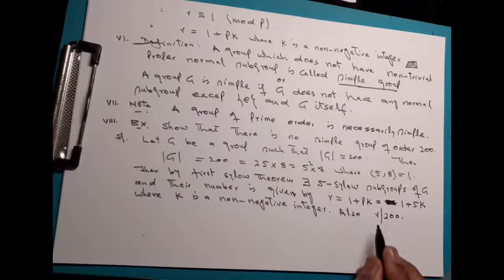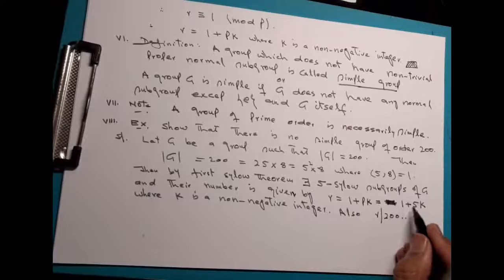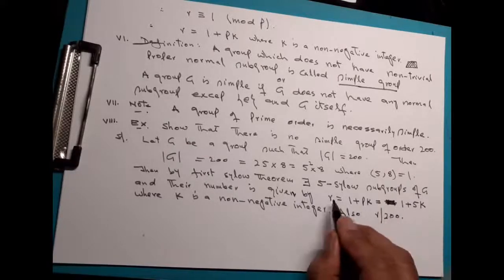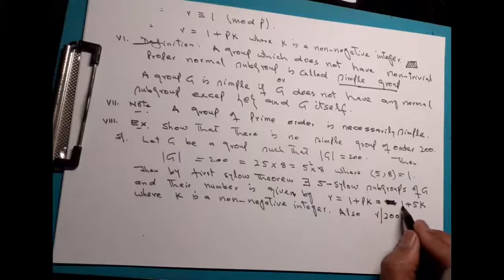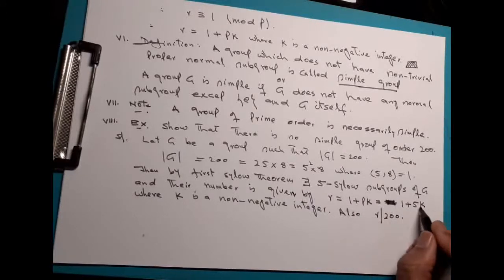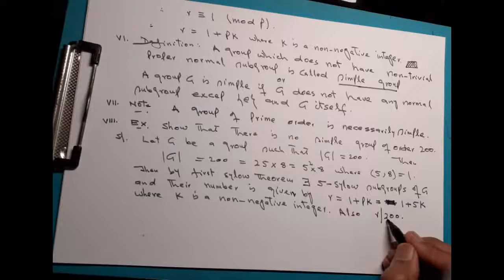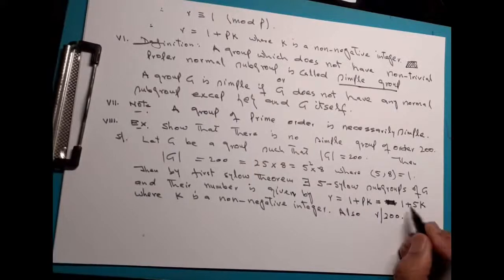Now note that R has to divide 200, and R is equal to 1 plus 5k. Suppose you put k equal to 1, then this is equal to 6, and 6 cannot divide 200. Put k equal to 2, this is 11, which cannot divide 200.